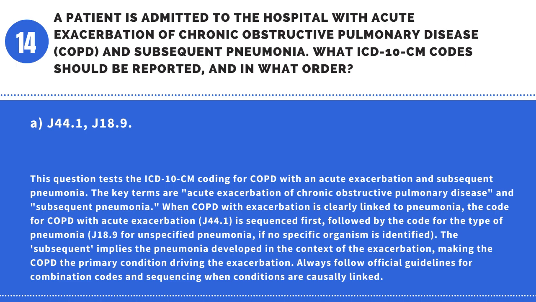When COPD with exacerbation is clearly linked to pneumonia, the code for COPD with acute exacerbation, J44.1, is sequenced first, followed by the code for the type of pneumonia, J18.9 for unspecified pneumonia, if no specific organism is identified. The word subsequent implies the pneumonia developed in the context of the exacerbation, making the COPD the primary condition driving the exacerbation. Always follow official guidelines for combination codes and sequencing when conditions are causally linked.